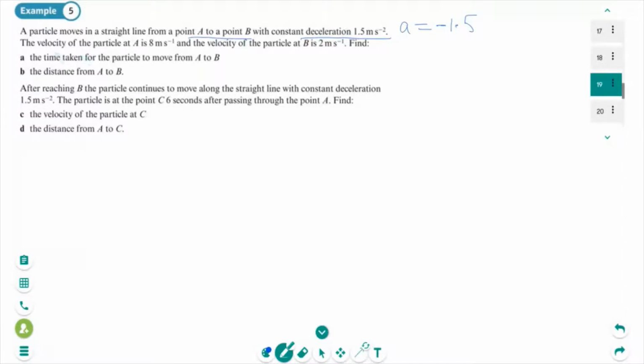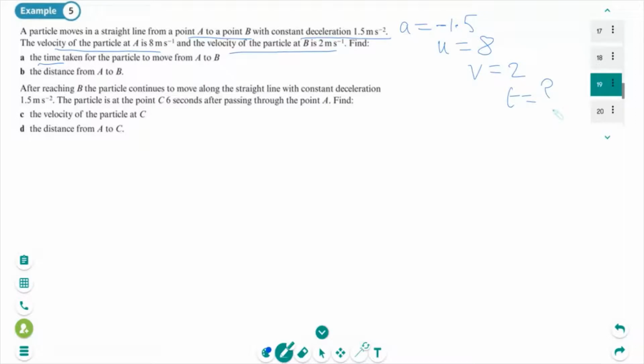It's traveling from point A to B. That means the velocity at A is 8, that's the initial, the starting velocity. And the velocity of the particle at B, going from A to B, is the final velocity, v equals 2. The question says, find the time taken. So you don't know what t is.